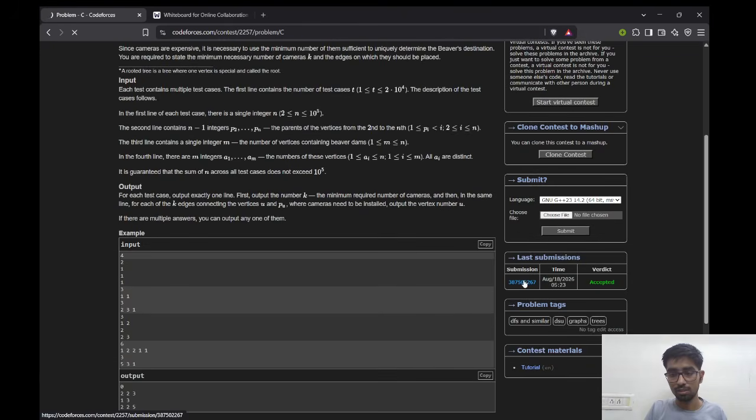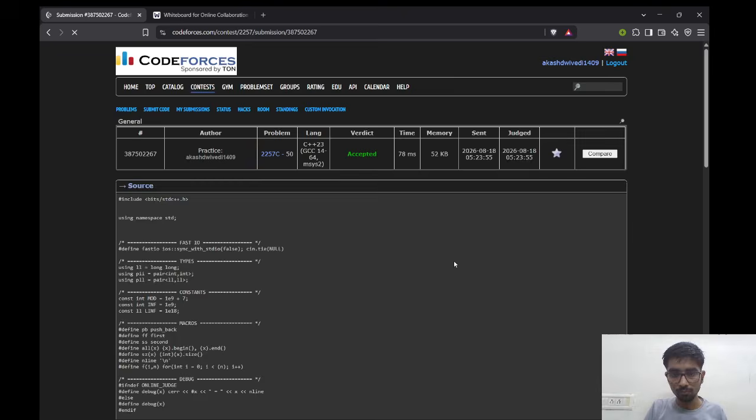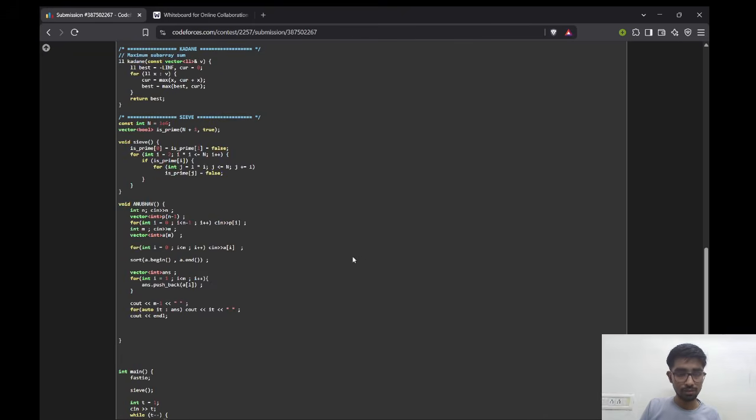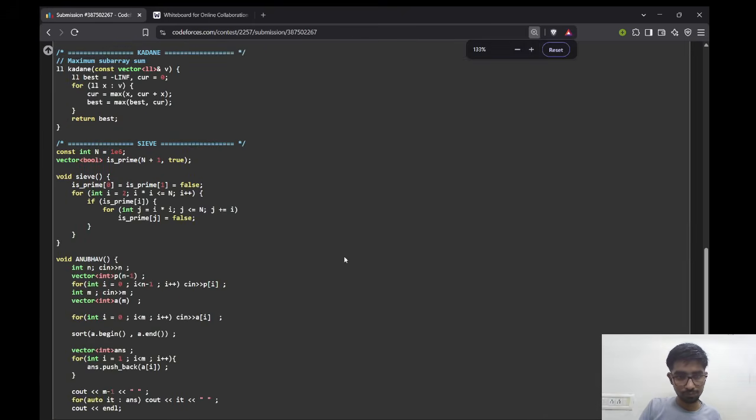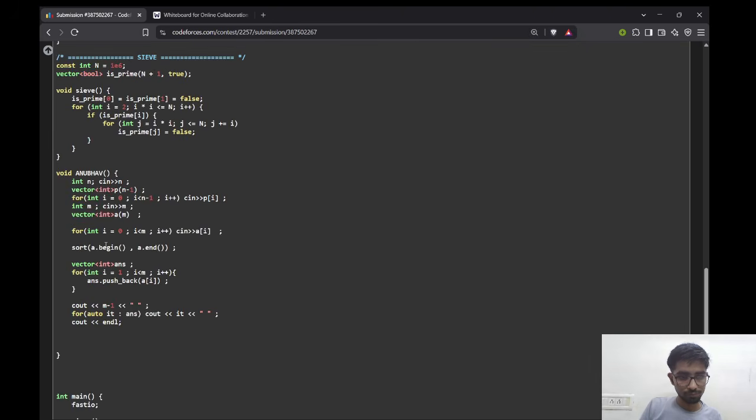And yeah, let's look at the implementation of this. Here we have taken the inputs of the parents, and here we have taken the inputs of the junctions which the player needs to visit.